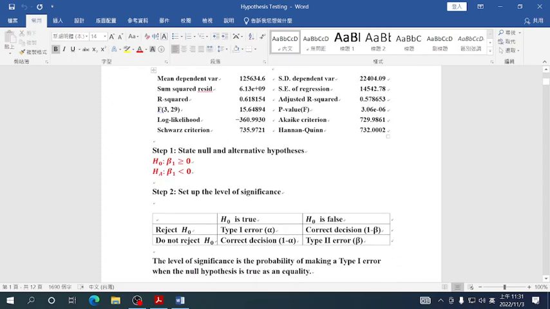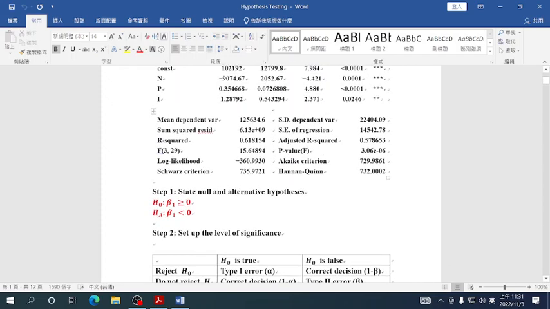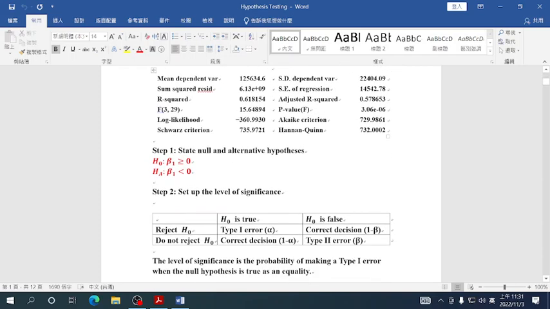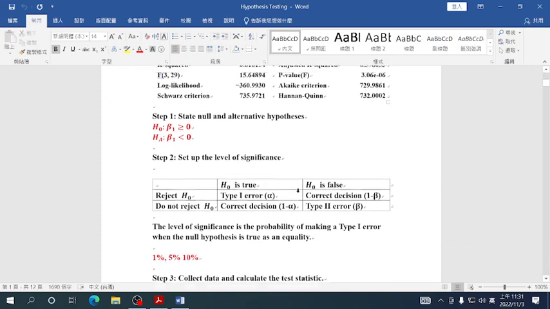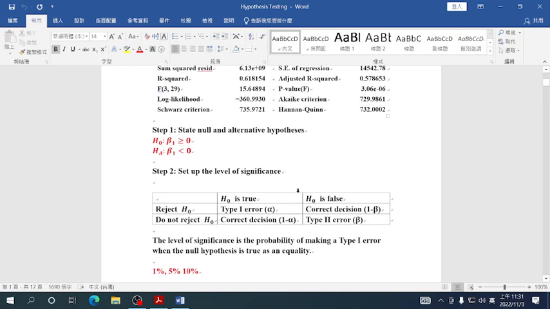This is just remind you that the type 1 error is this one. When reject null hypothesis, when null hypothesis is true, type 1 error. Okay, probability of making type 1 error is alpha.